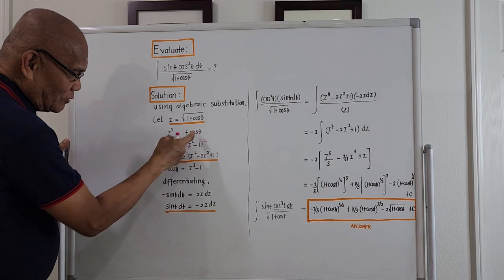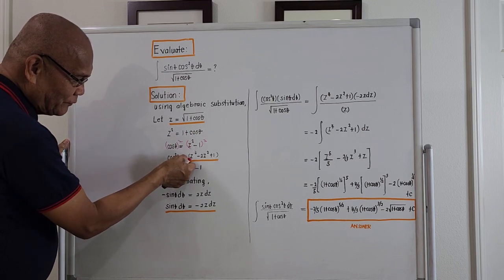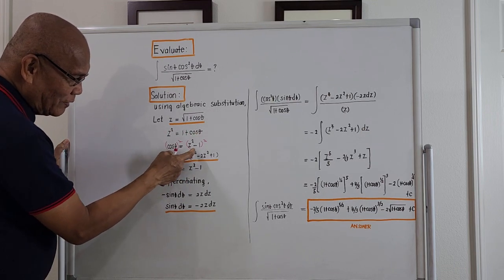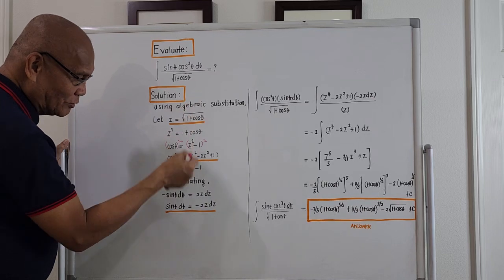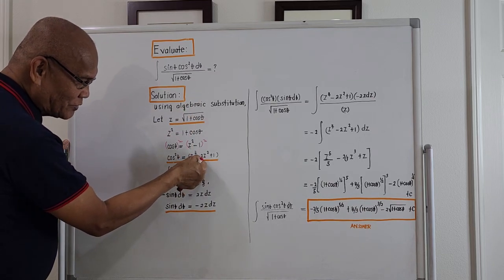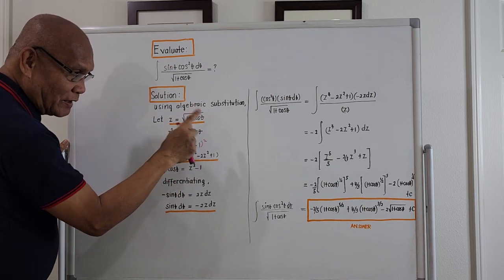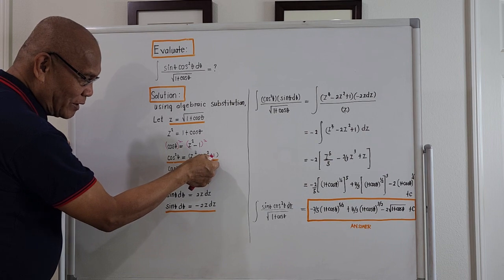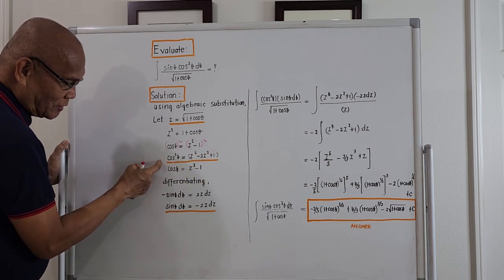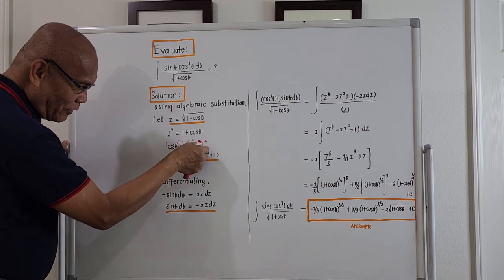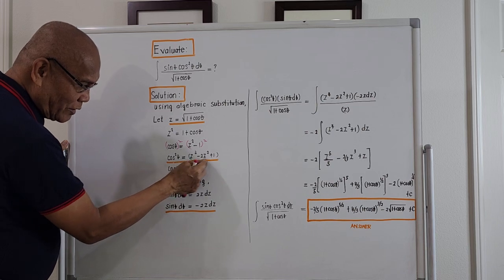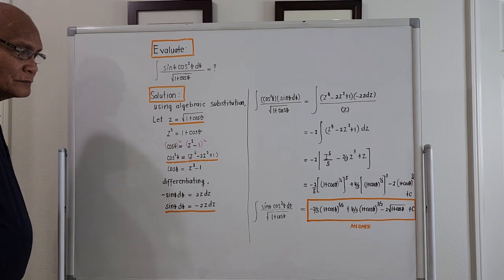It will be the square of the first one, which is z to the fourth. The middle term will be minus z square times 2, so this should be negative 2z square. And the last part is the square of negative 1, which is positive 1. So cosine square of theta after the squaring is z to the fourth minus 2z square plus 1.